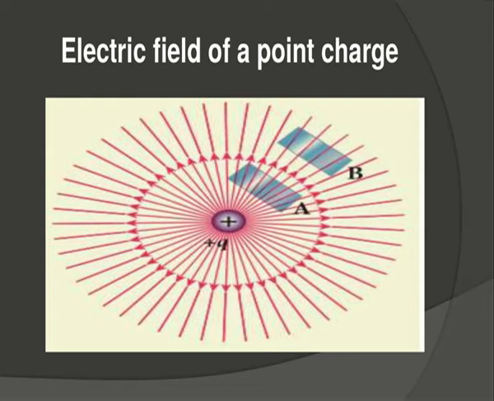Therefore, the electric flux in region A is more than that in region B.